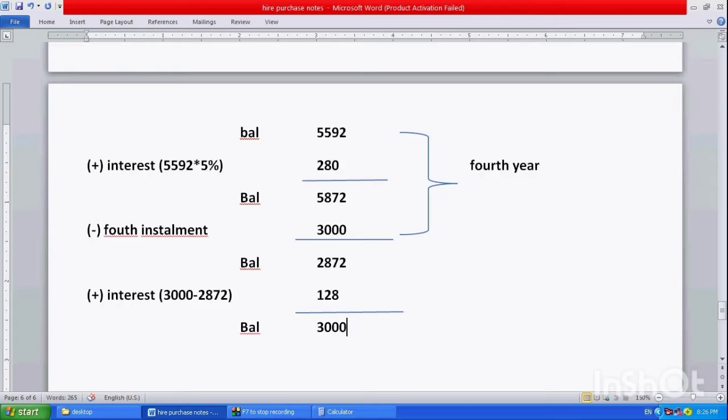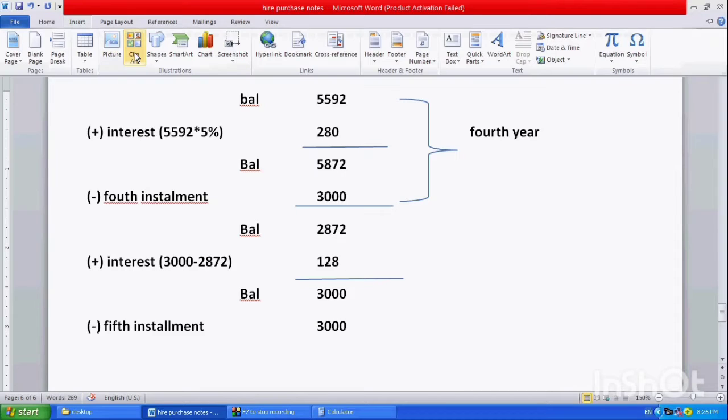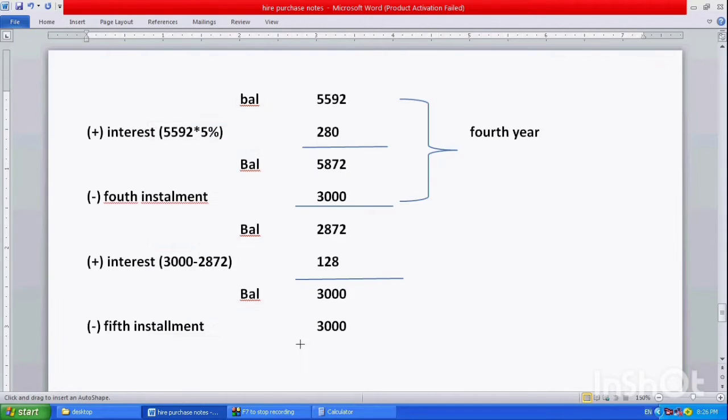Now pay the final fifth installment, minus fifth installment. Okay, the fifth installment is 3,000. So we have completely paid here. So now the balance will be 0. So I'm dragging a line here to make sure to separate the problem.